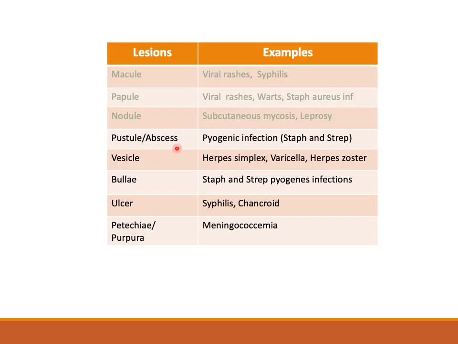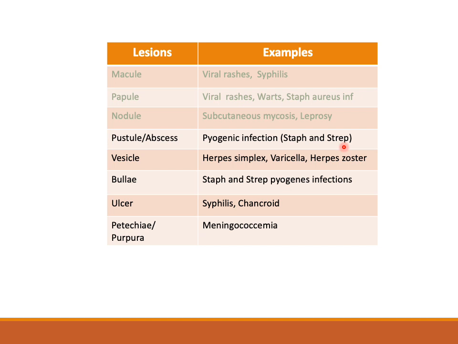So pustule and abscess are usually caused by pyogenic infection, and pyogenic means pus producing. Most of the time, it is caused by staphylococcus and streptococcus and other organisms. It's not just limited to these, but these are the most frequent causes of pustule or abscess formation.